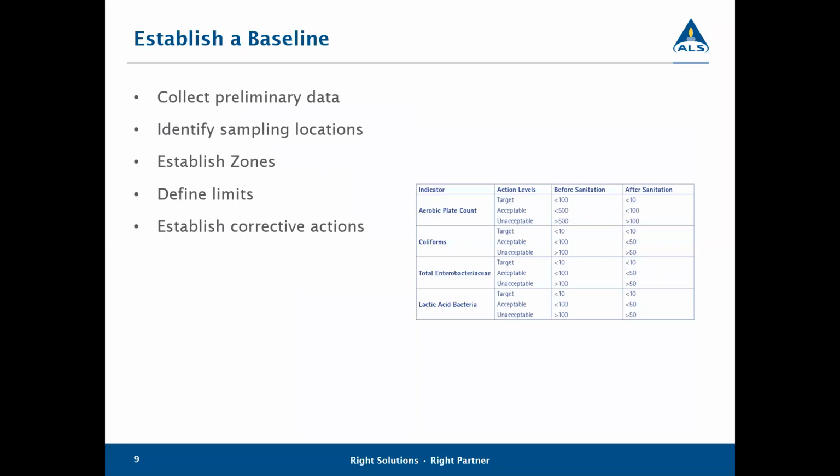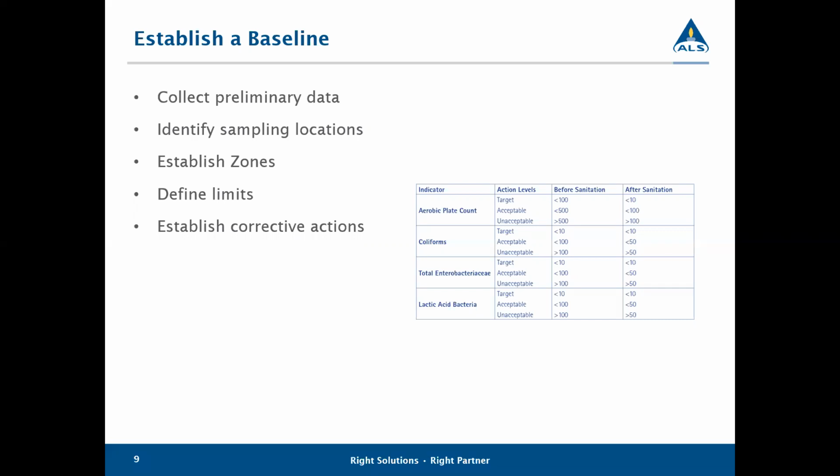If you don't have a testing plan in place, you typically want to establish a baseline. So you want to collect some preliminary data, identify some sampling locations, establish your zones, define your limits, and establish the corrective actions. So for instance, you're doing an aerobic plate count, and before sanitation, your acceptable level is CFUs less than 500.